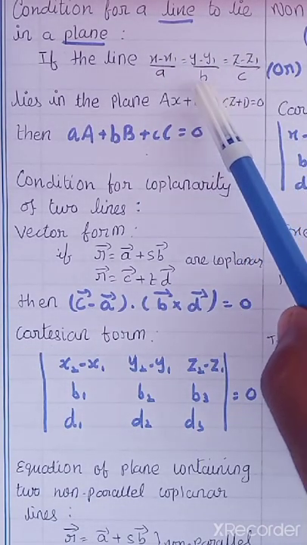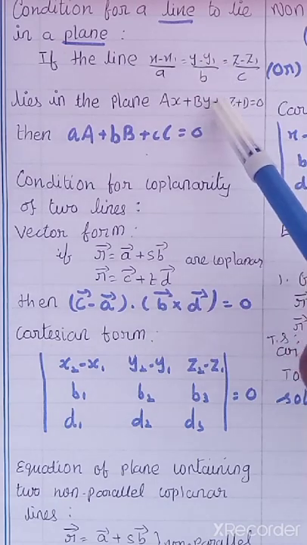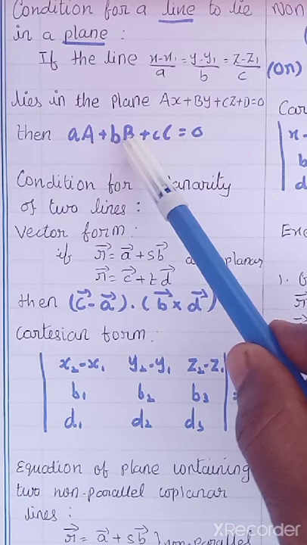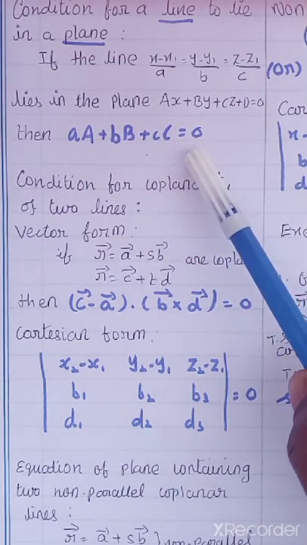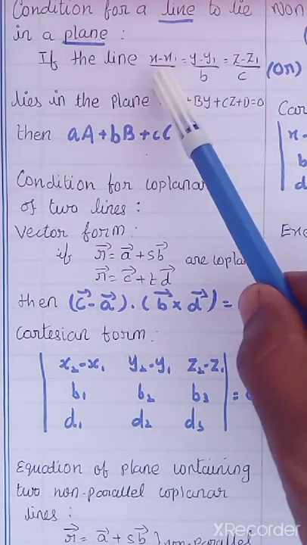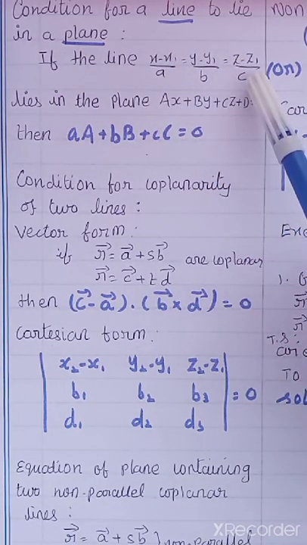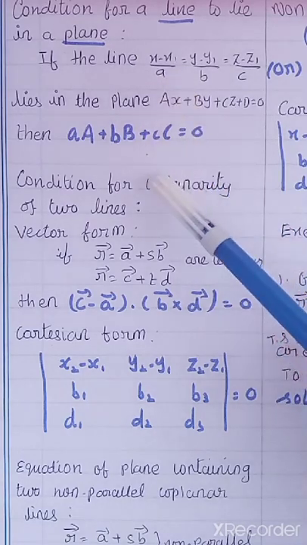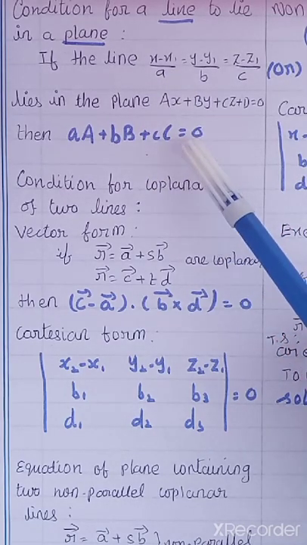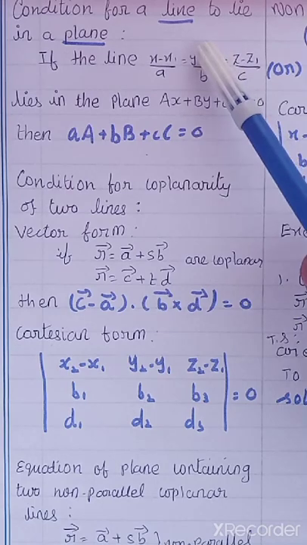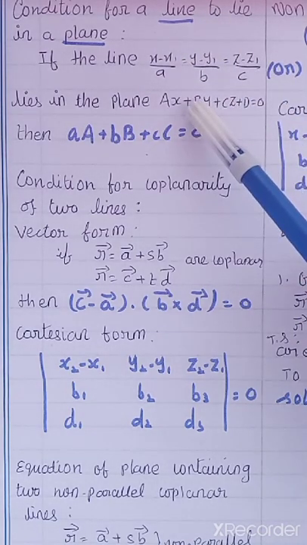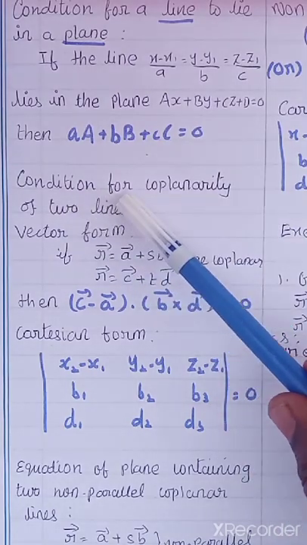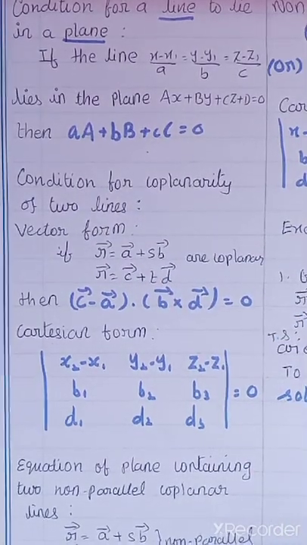Now we check whether the line lies in the plane. What is the condition? Aa plus Bb plus Cc equal to 0. You take the vector from the first equation and the coefficients of x, y, z from the second equation and multiply. If the answer is 0, then the given line lies in the plane. Is that clear?